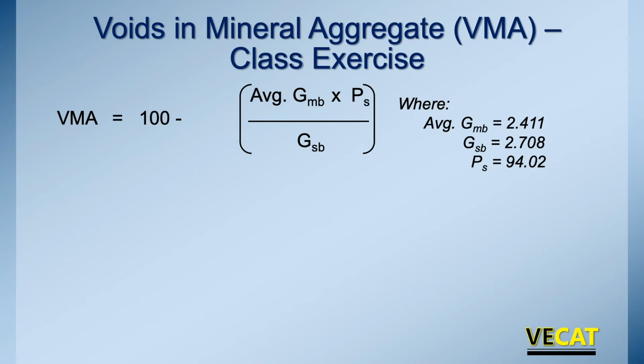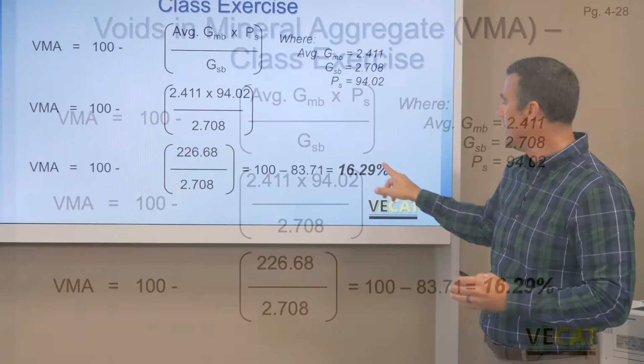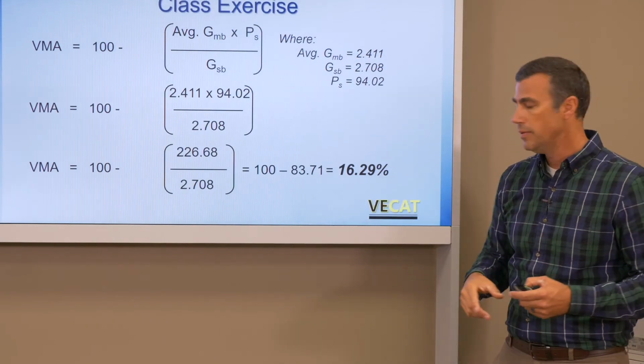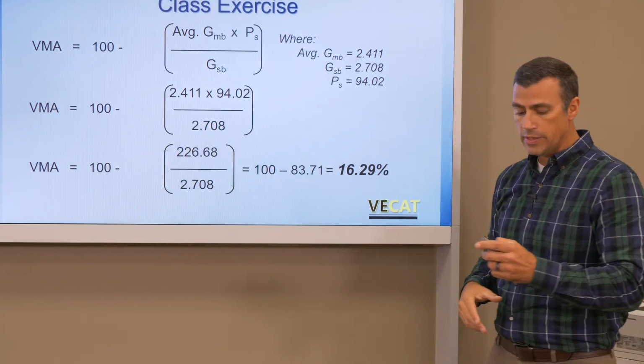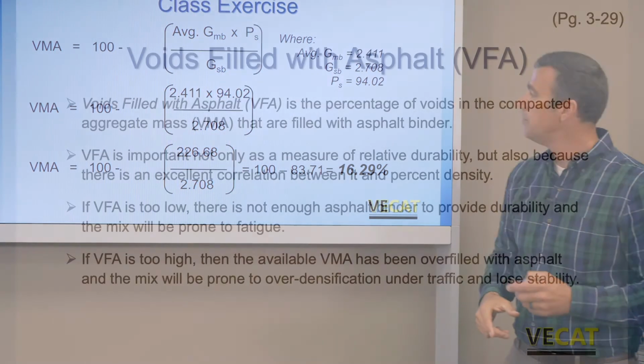So as we plug those numbers into our formula and walk through our calculation, we should arrive at a VMA percentage. This is an air void percentage in and around those aggregate particles with no asphalt, 16.29%. Okay? Or you could round that to 16.3. So that's our percent voids in the mineral aggregate.